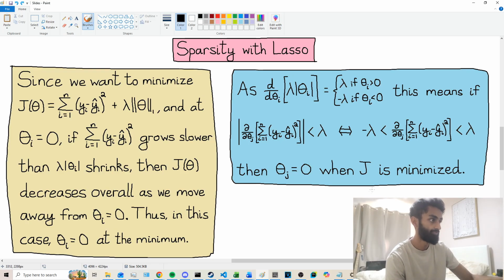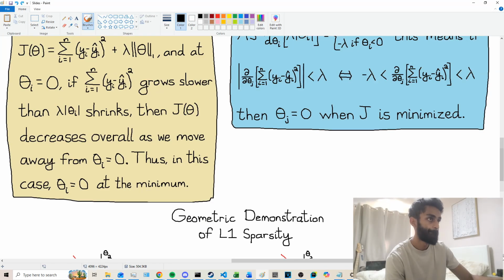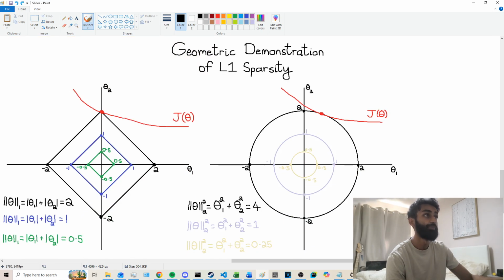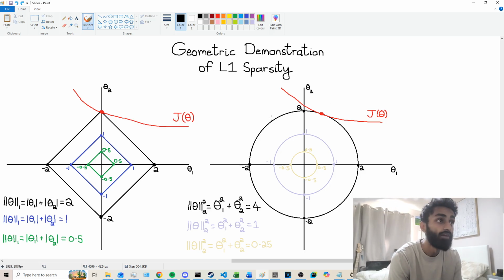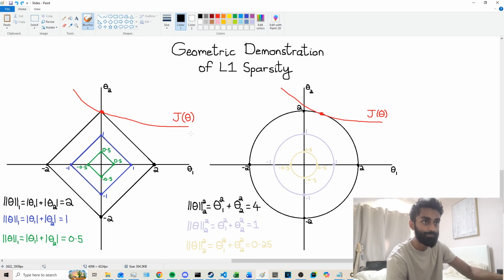So I've got a geometric demonstration of this here. If this is a bird's eye view of θ1 and θ2 being our two parameters, and then a third axis being the height for the cost function. You can't really get the depth here, but this is meant to be a 3D graph from a bird's eye view. And J of theta here, this is an outline of J of theta being tangent to this diamond and this circle.